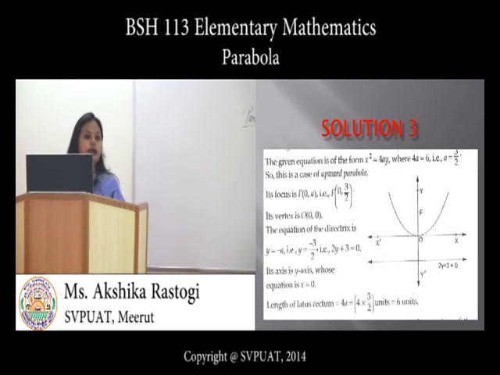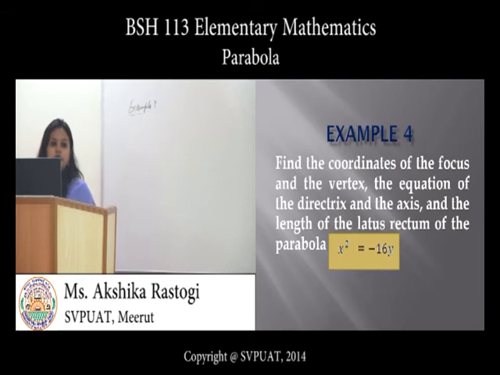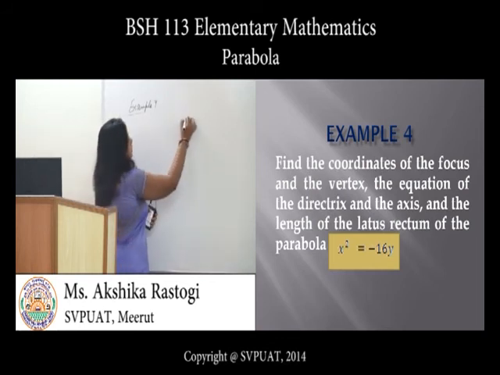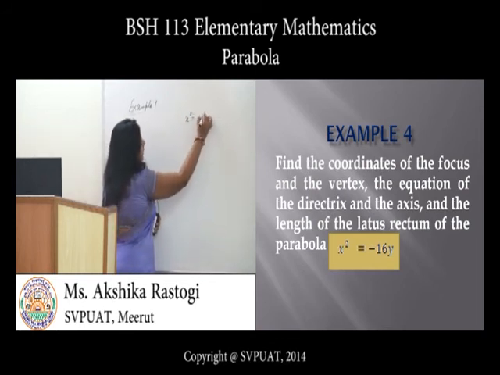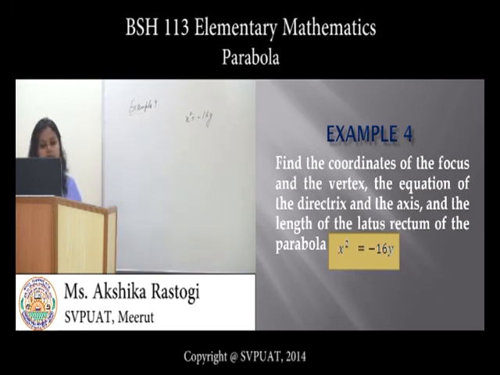Now moving toward our last example, we have all the same things to find as we calculated in our earlier examples. We have to find the focus, vertex, equation of the directrix, axis, and length of the latus rectum. Here the parabola given is x square equals minus 16y.